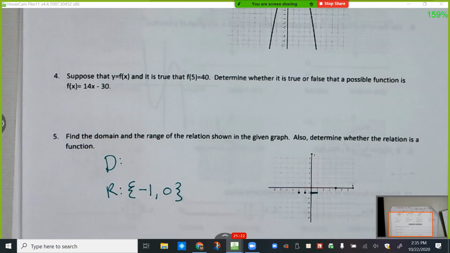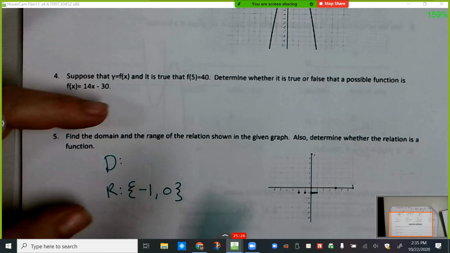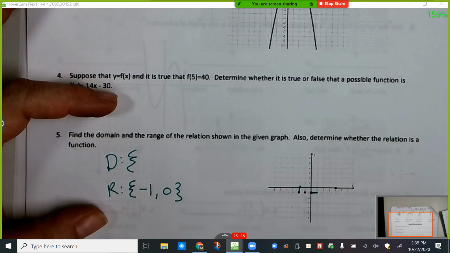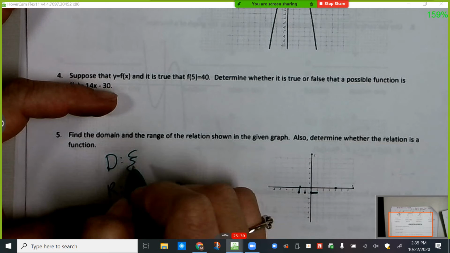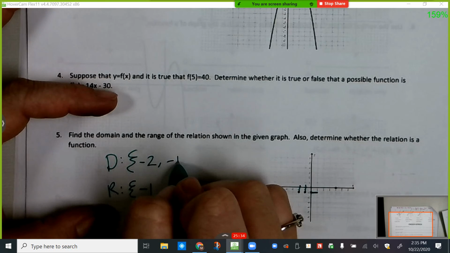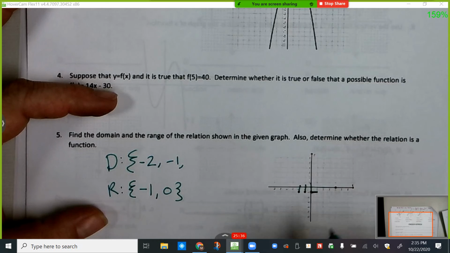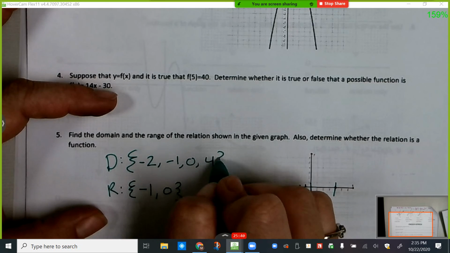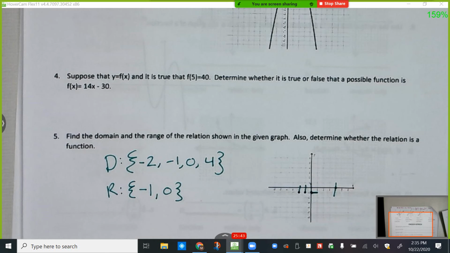So if I did domain here, how far to the left is that point? The last one? Negative 2, as far as the numbers. Negative 1, just count. This one's in the middle at 0, and this one's all the way over here at 4. Oh, that's it? Does that make sense?